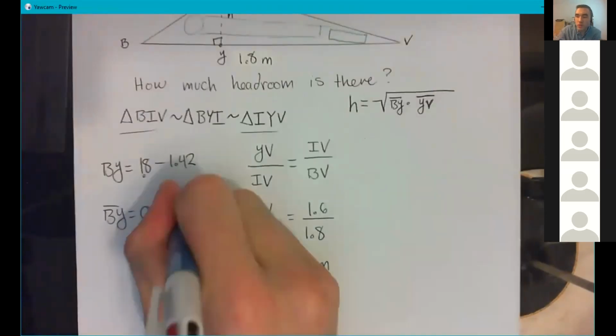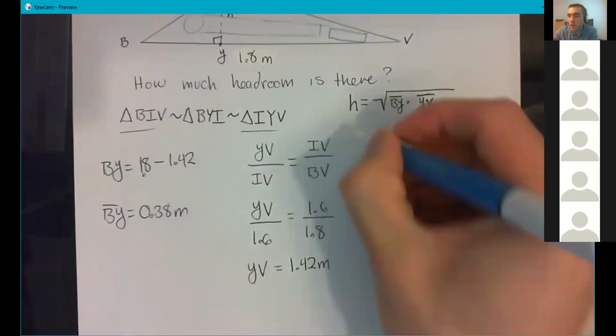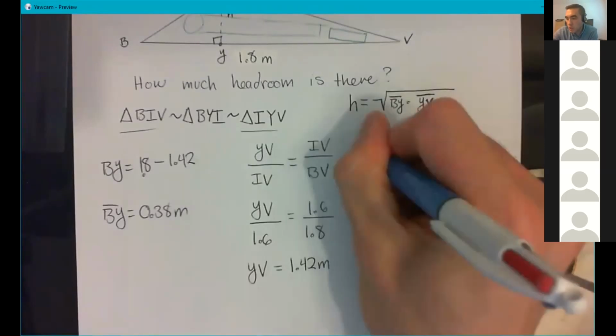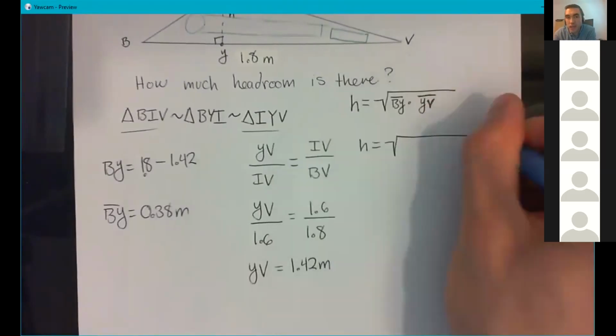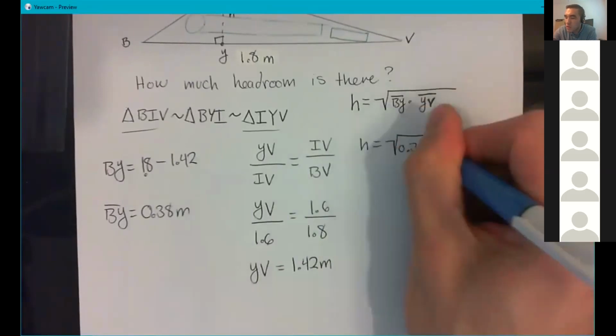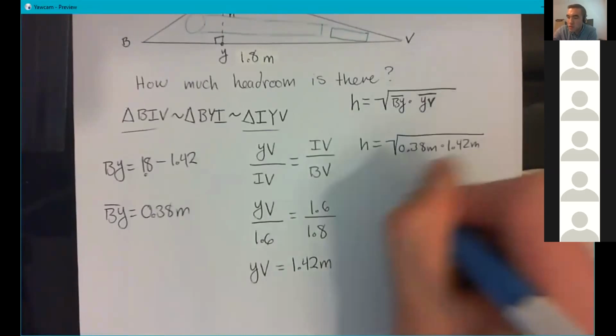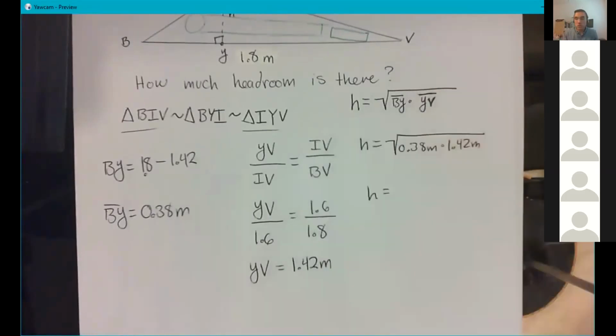And so we can now use BY and YV in order to get the height of our bivy. The height should be equal to the geometric mean of the 2 sublengths of the base. So this is going to be equal to 0.38 meters multiplied by 1.42 meters, then square rooted. So this will tell us how much head space we have to play with inside of our tent.